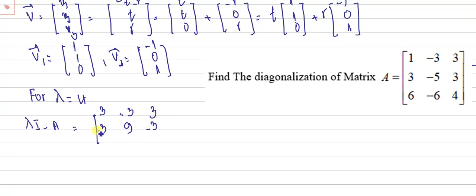This one minus 3. And this one is 6, minus 6, 6 and 0. 4 minus 4 is 0.